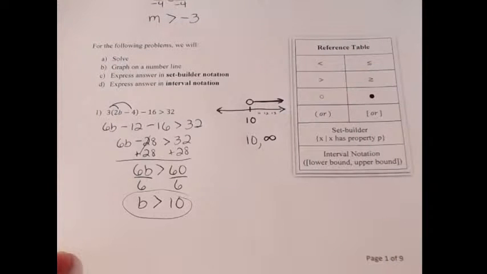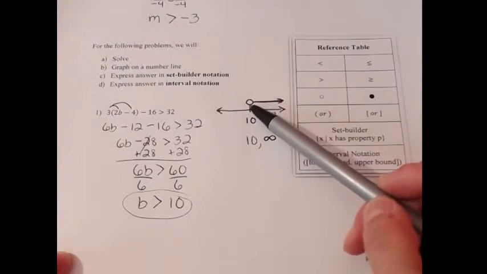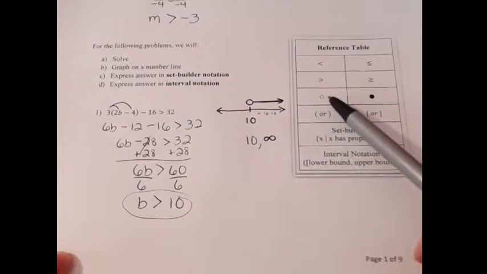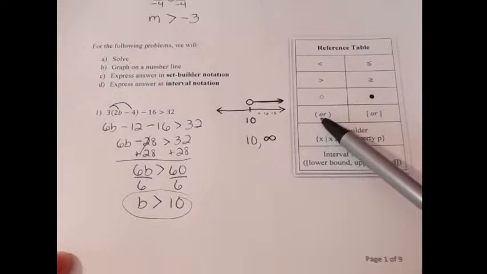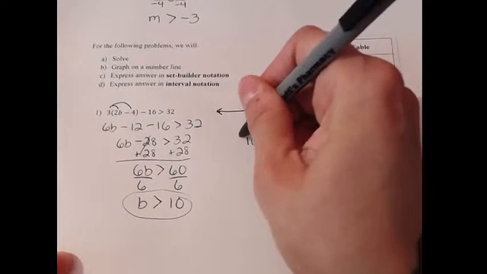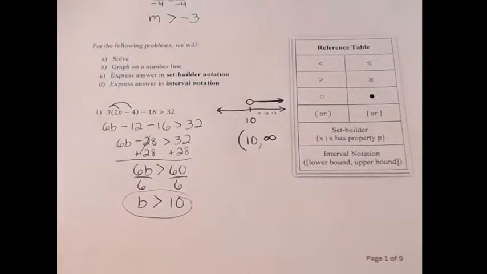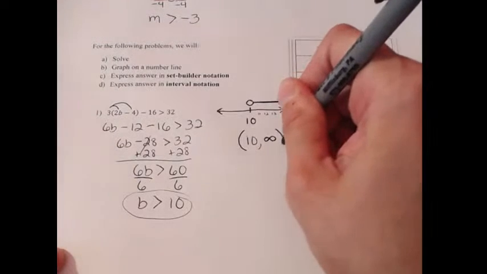Now, I want you to notice that it's open circle on 10. Take a look at your open circle and look directly beneath it. You have parentheses, right? So when you have open circle, you're going to have open parentheses. Think of that as soft. It's swinging open. It's an open door, right? Open. We're approaching this. Now, with infinity, you also have to approach infinity.